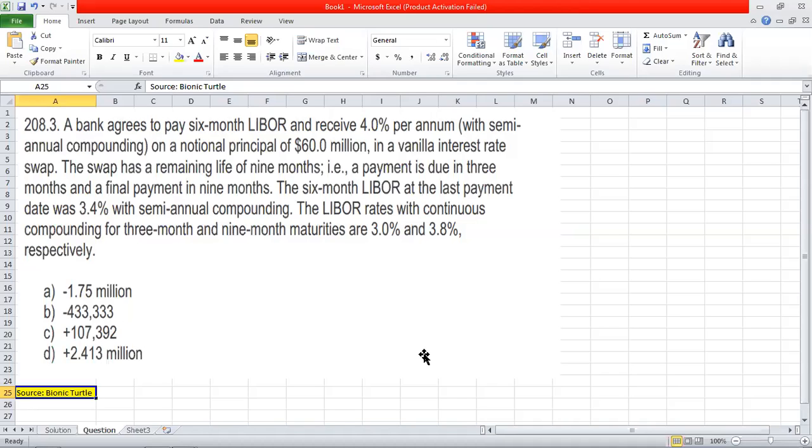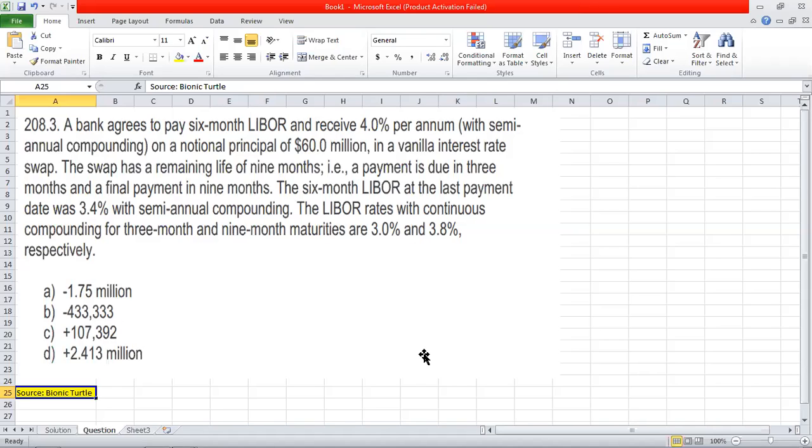So the party has decided that it is going to pay LIBOR, which is the floating rate component, and it is going to receive 4%, which is the fixed rate component. So we are paying floating and receiving fixed, and the notional principal is 60 million.